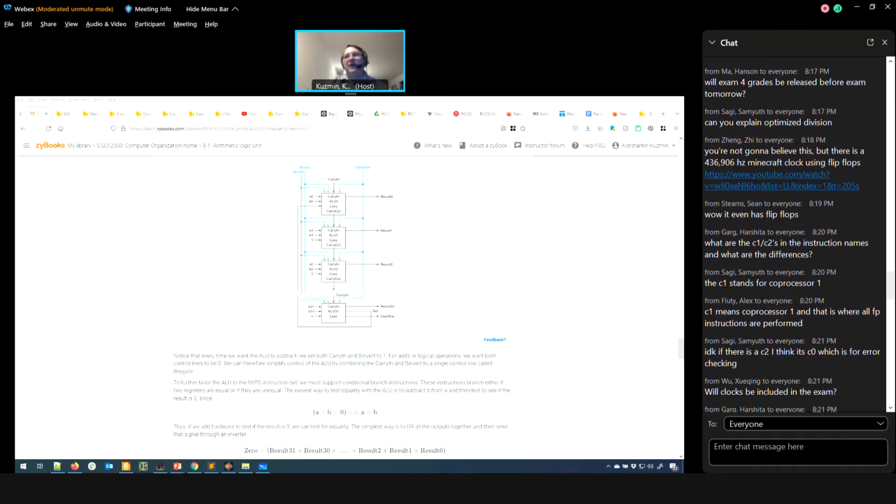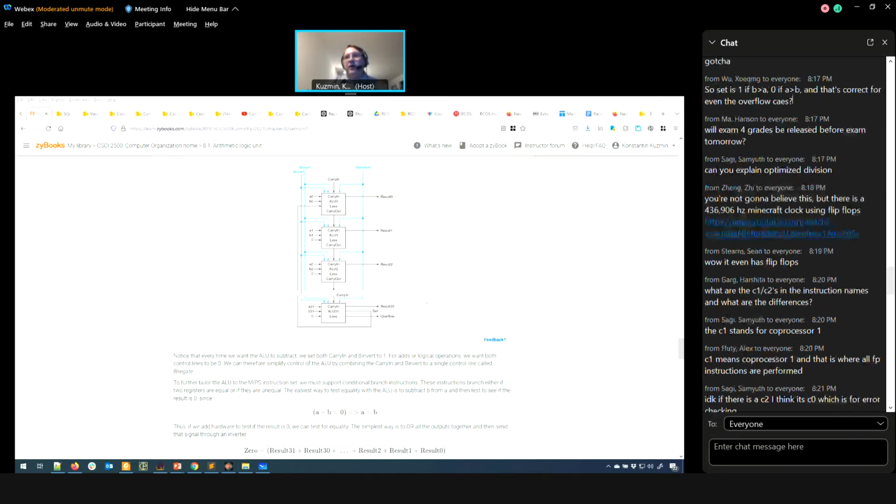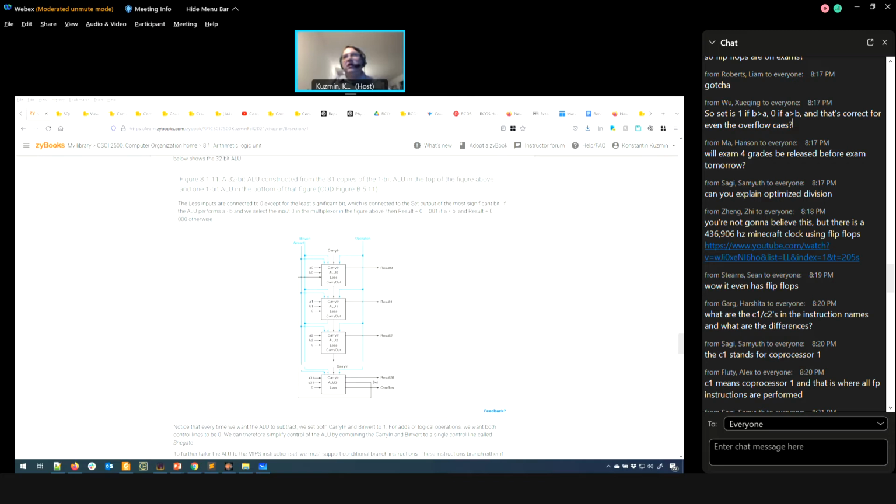But of course we want to make our life easier, so we chose to keep our result at 0, just because it is the minimum effort. It's only 1 bit difference between 0 and 1, so it's the easiest for us to switch between setting or not setting. That's why, if A is greater than B, we decide to keep our result at 0. Yes, and that was actually your question 8 from the homework, because as you can see, this design here is not working correctly for the overflow cases. So your job in question 8 was exactly to fix the design so that it does work correctly even for overflow cases.